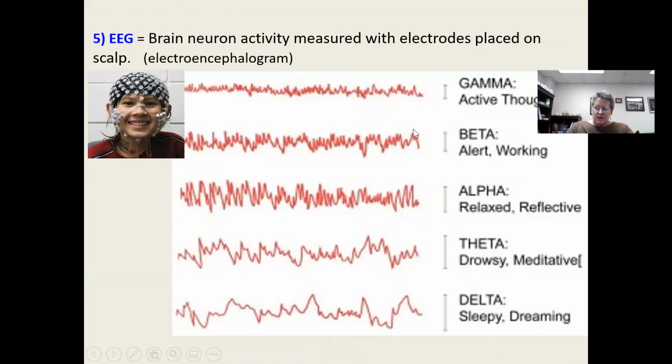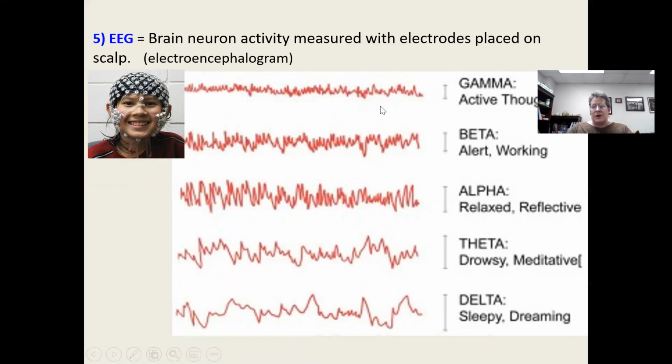Now, compared to when you're sleeping, look at how much those waves are stretched out and they have higher and lower peaks and troughs. Now, if you look at an actively alert person, they're awake, and you see delta waves, that could indicate they've got some sort of brain damage because you wouldn't expect to see delta waves in an awake person.